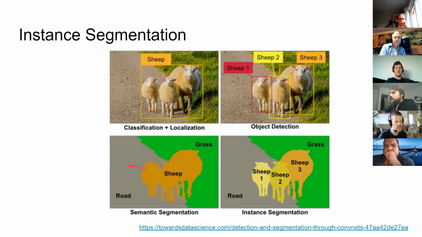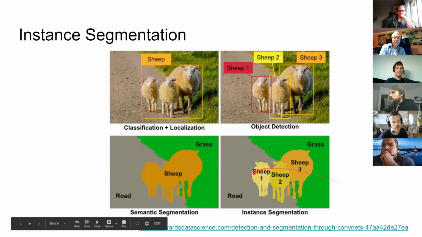Alternatively, in the bottom left, we have semantic segmentation, where for every pixel in the image, we're classifying the pixel. So here we're trying to separate the grass and the road and the sheep. But we're not paying attention to instances like we did in object detection, where we consider each sheep to be an instance of the class sheep.